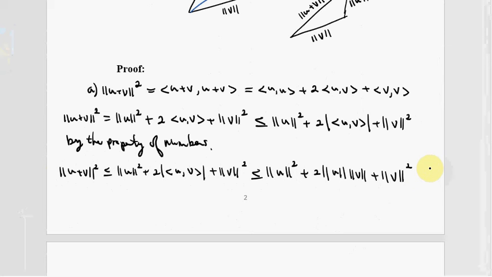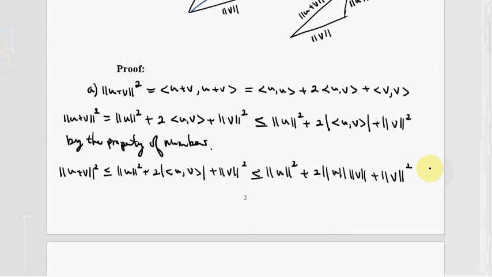We're saying that the norm of u squared plus 2 times the absolute value of the inner product of u and v plus the norm of v squared is less than or equal to, in the middle, 2 times the norm of u times the norm of v. Cauchy-Schwarz inequality.